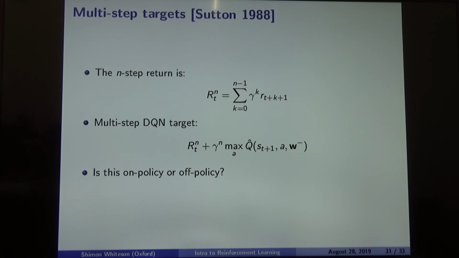If n equals 1, then that first term is just the immediate reward. Actually, my notation looks okay because I've defined that. If n equals 1, then this summation will have only one summand, and it will just consist of an immediate reward. So we're reduced to the Q-learning update.